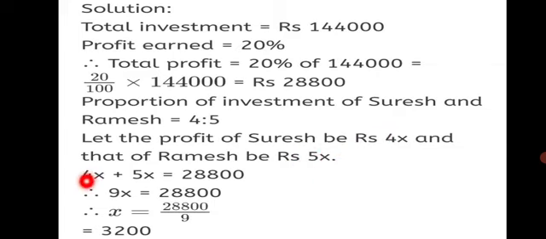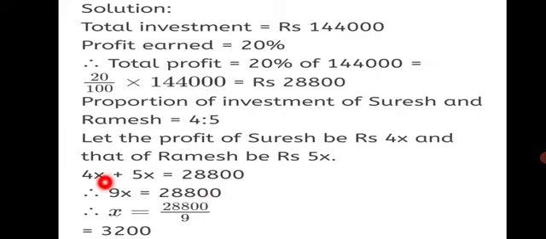So our equation will be, when we add their profits, we know the total profit is given, which we have already found in rupees. So 4x plus 5x is equal to 28,800 is our equation.